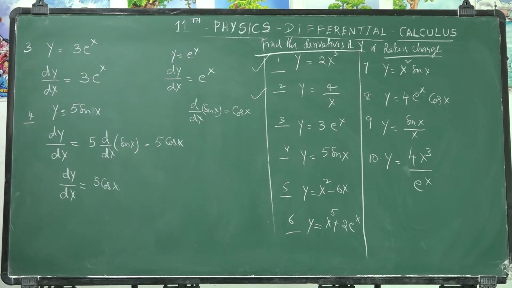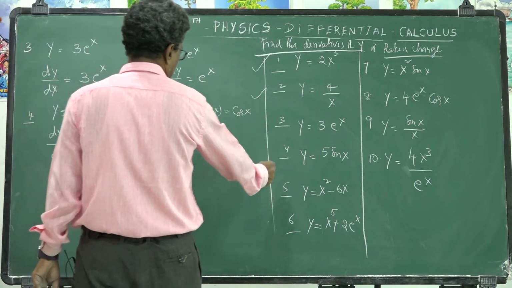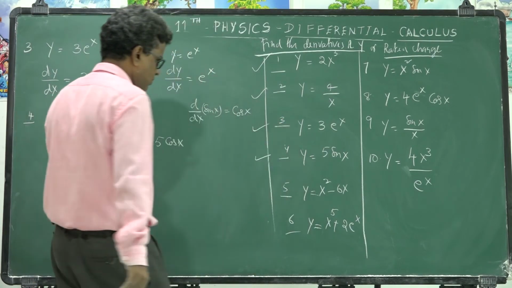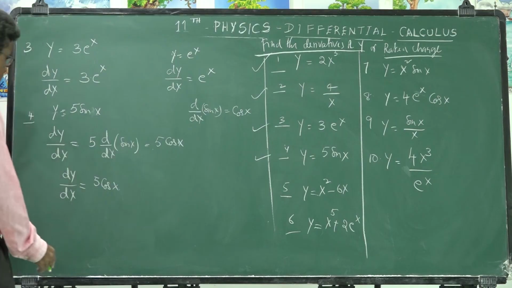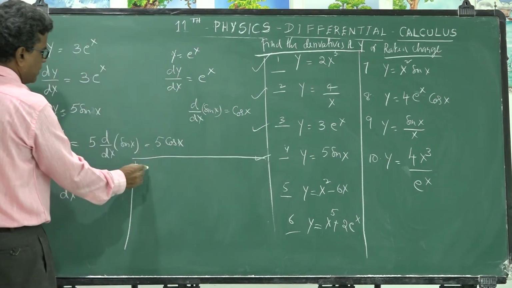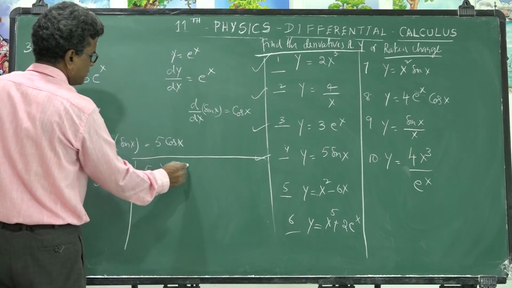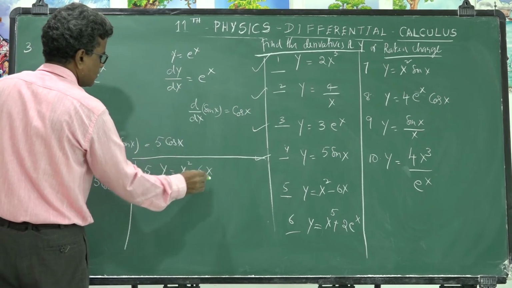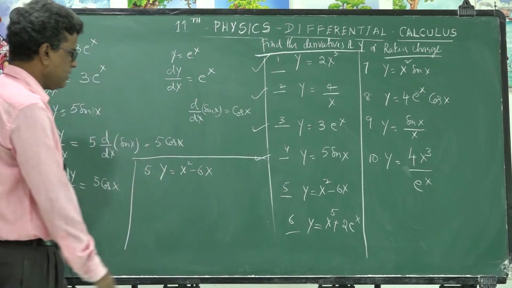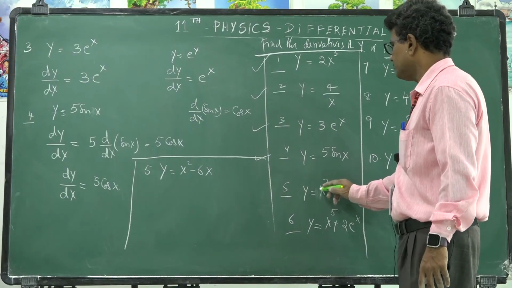This is the fifth one. Sixth one, sorry, fourth one. Fourth one is what? 3, 4. Fifth one. So I am doing here. Fifth one. y is equal to x square minus 6x. So here I am using the u plus or minus v formula.